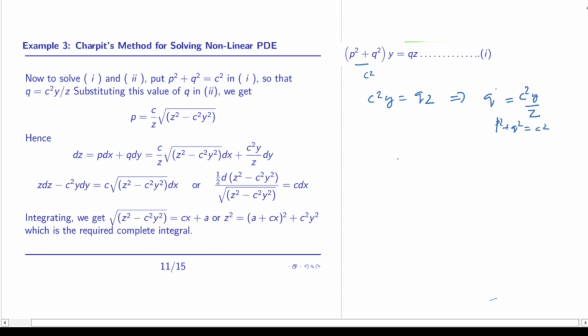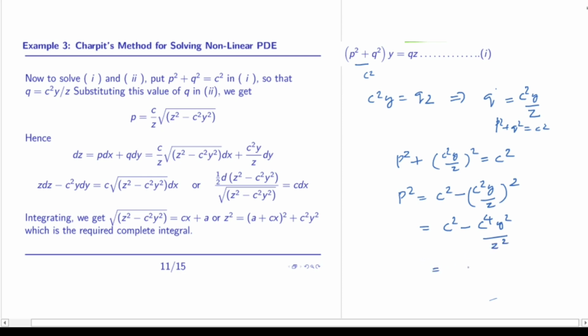So that we get p square plus, instead of q square, c square y by z whole square, equal to c square, or p square is equal to c square minus c square y by z whole square. That is c square minus c raised to 4 y square divided by z square.